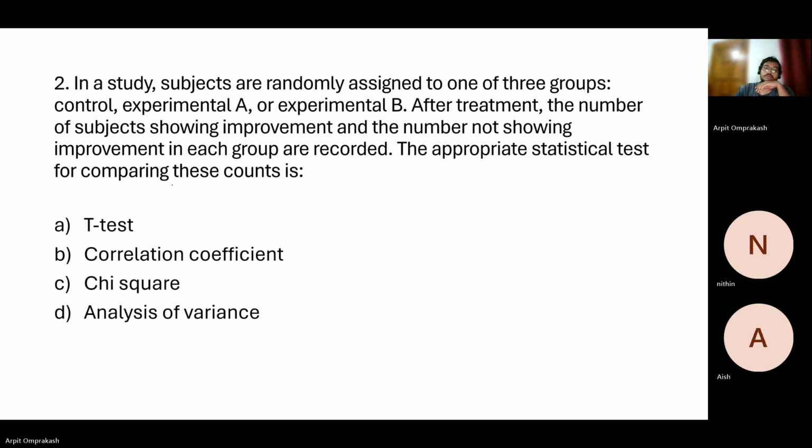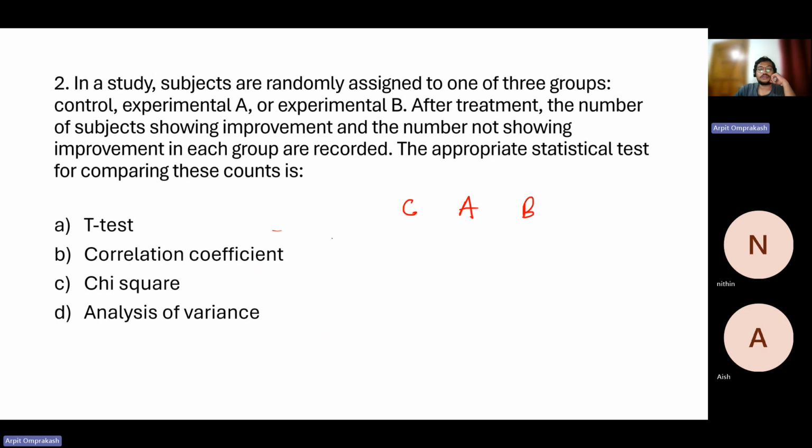Let's say control, A and B, three groups. After the treatment, the number of subjects showing improvement and the number not showing improvement is recorded.